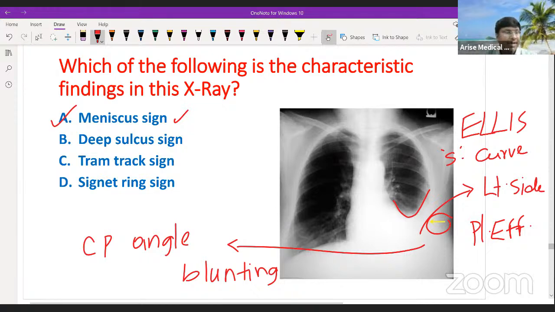Now, you may ask, what is the deep sulcus sign then? Where do you see the deep sulcus sign? Any one of you? Can anyone answer? Why pleural effusion, Shashibhushan? Blunting of the costophrenic angle is seen in pleural effusion.